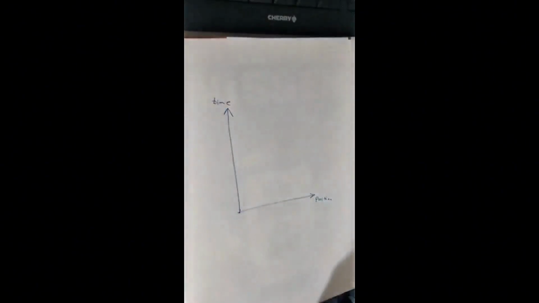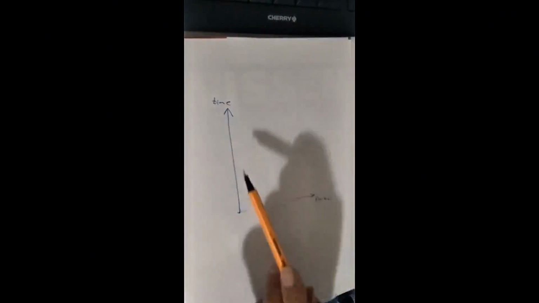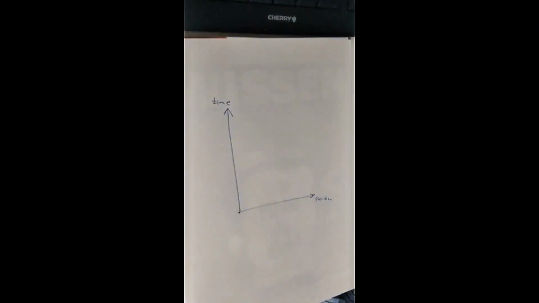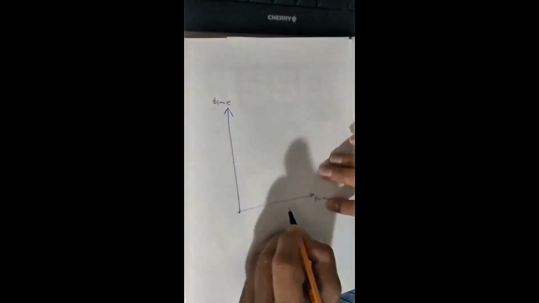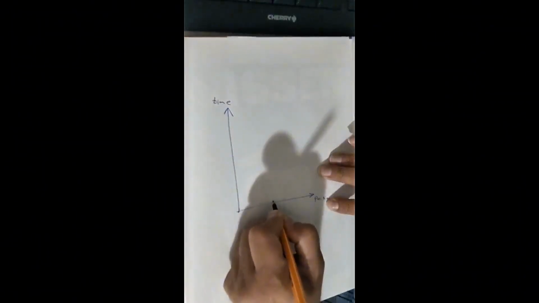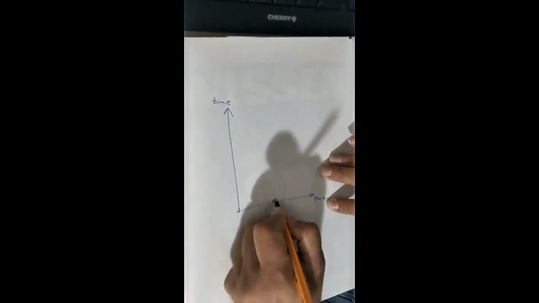It is still no relativity, you know. It is like you have position and time, and well, just consider there is something like an apple here. I draw an apple. It's a very beautiful apple.